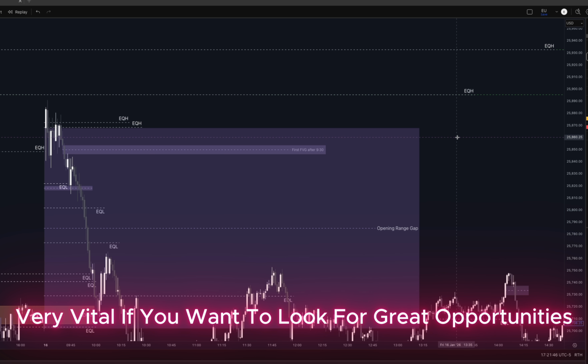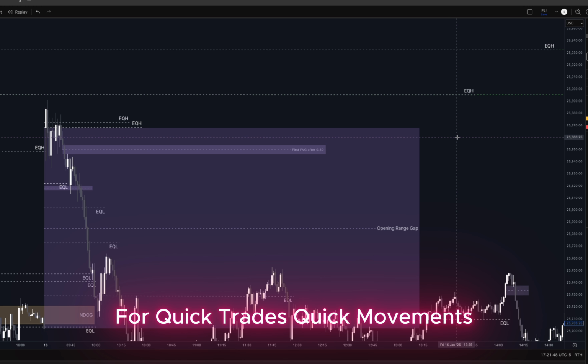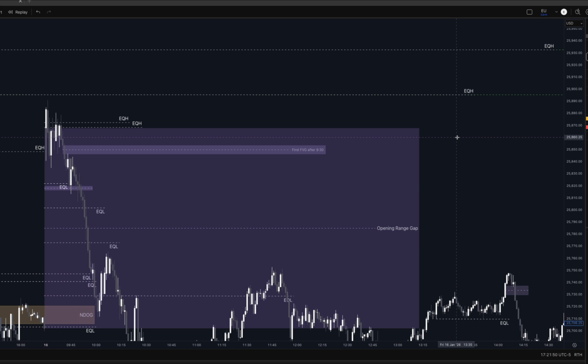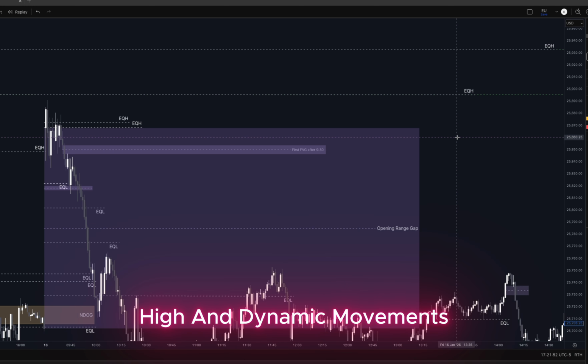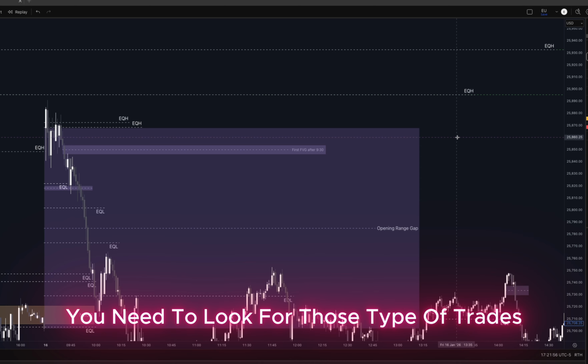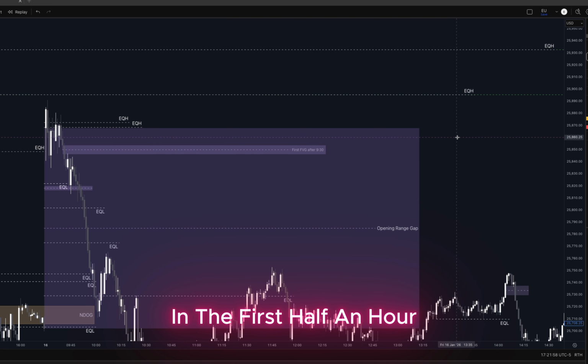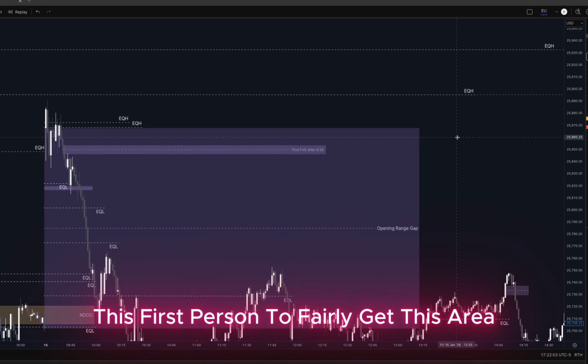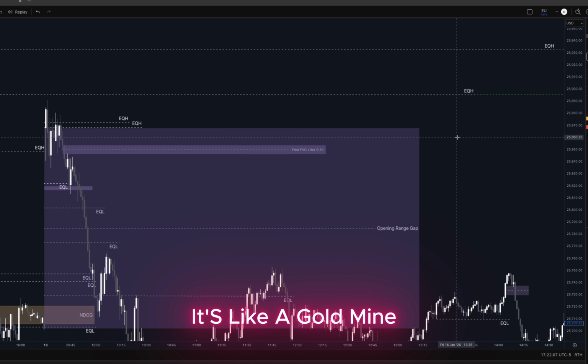If you want to look for great opportunities for quick trades, quick, high and dynamic movements, then you need to look for those trades in the first half an hour. But like I said, for me, this first presented fair value gap is like a gold mine.